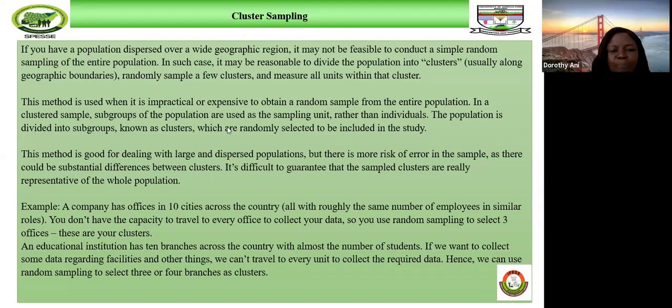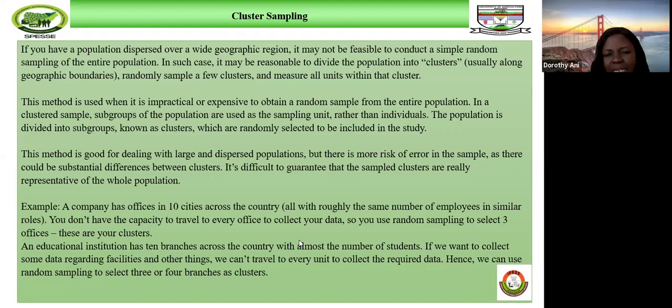This method is used when the population is impractical or expensive to reach. In a cluster sample, groups of the population are used as a sampling unit rather than individuals. The population is divided into subgroups known as clusters, which are randomly selected to be included.